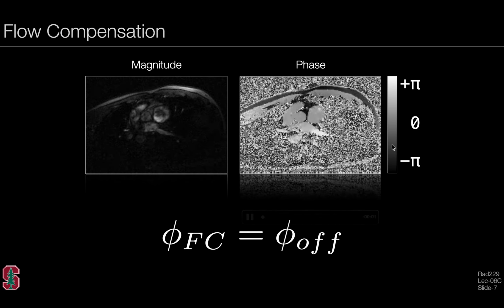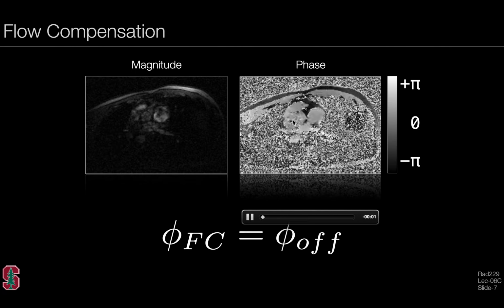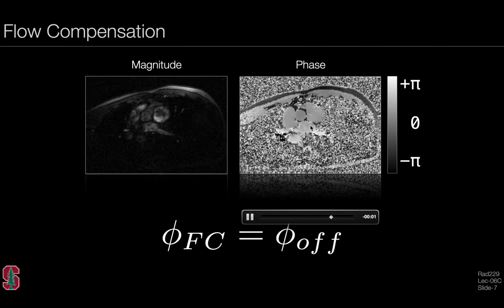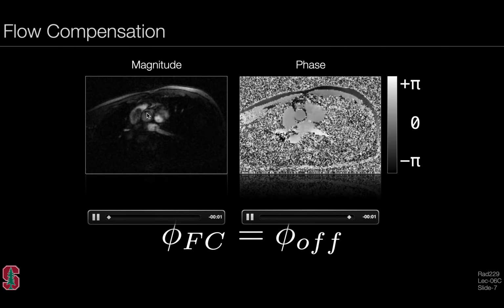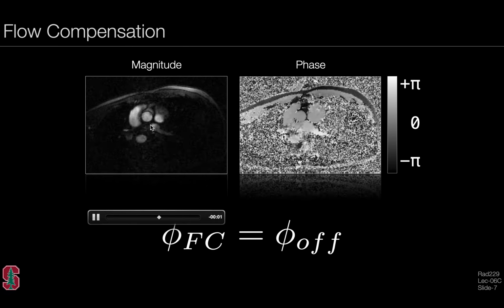It's a little hard to read off of a grayscale in general, but there's no sort of obvious phase distribution in what I'm pointing to, which are known to be blood vessels or areas of flow. And you might identify those same blood vessels and areas of flow as relatively bright areas on the magnitude image on the left. Okay, so that's kind of a quick warm-up to flow compensation.